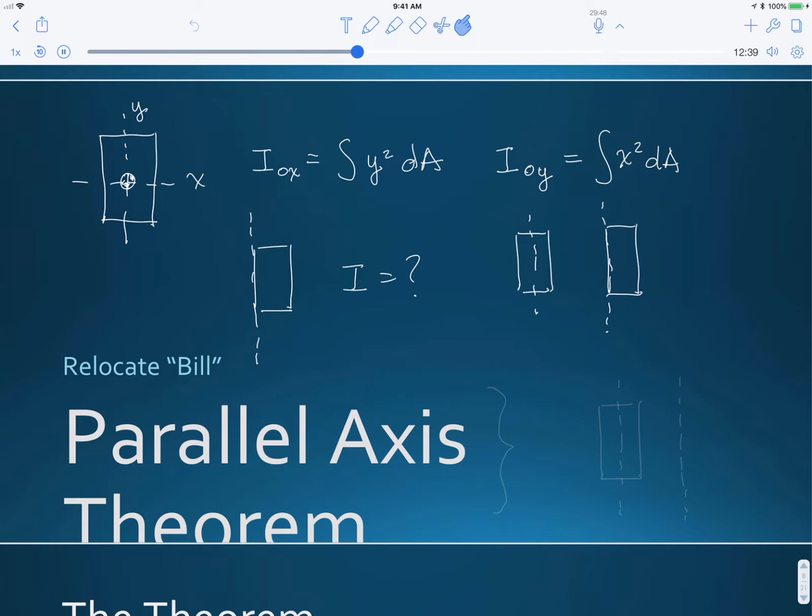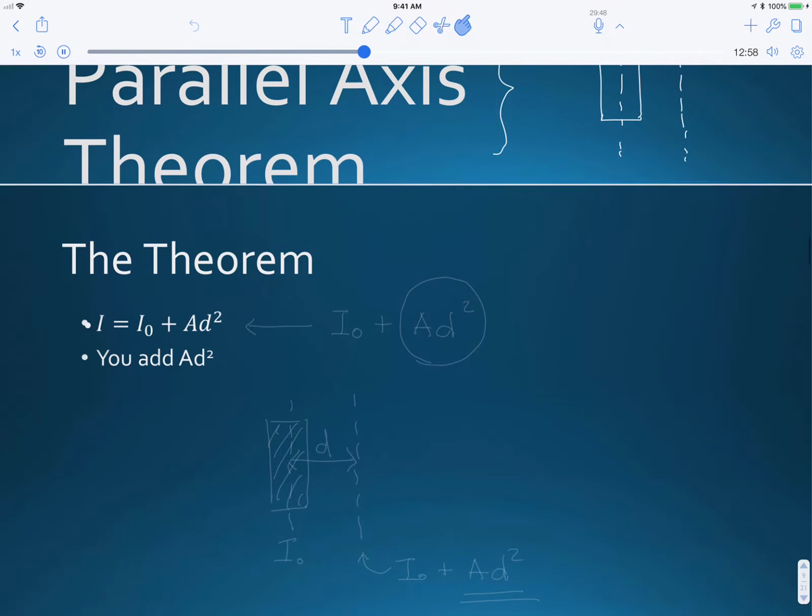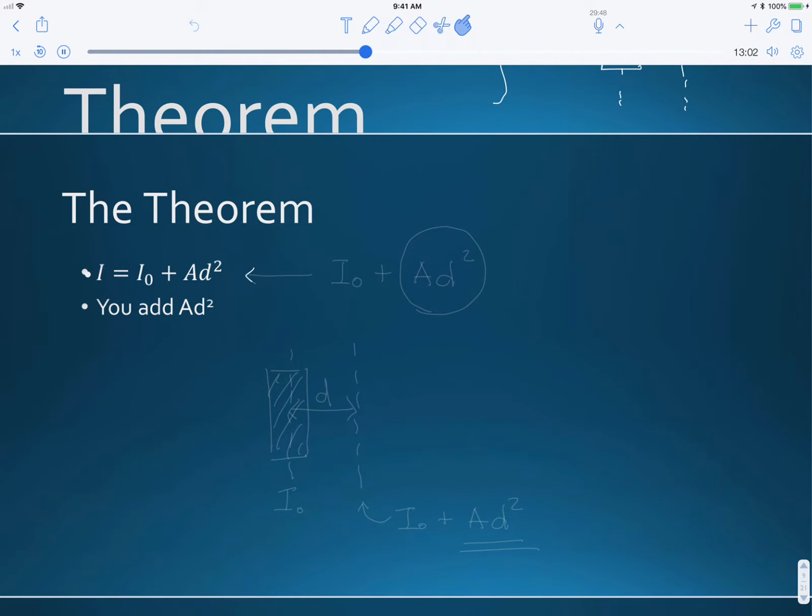We do that using something called the parallel axis theorem. It will relate the moment of inertia about the centroid axis to the moment of inertia about another axis that's parallel to the first axis. And this equation is simply I about another axis is just I about the centroidal axis plus AD squared.